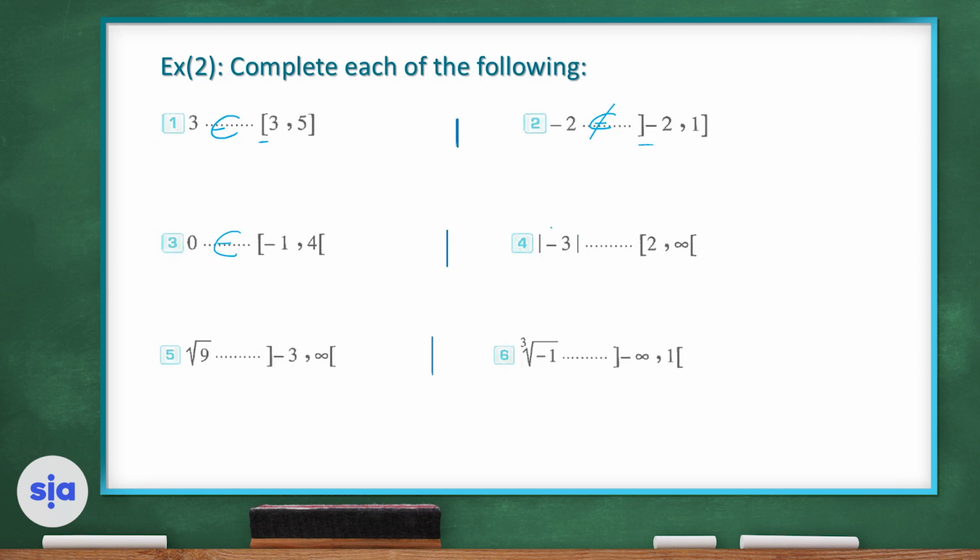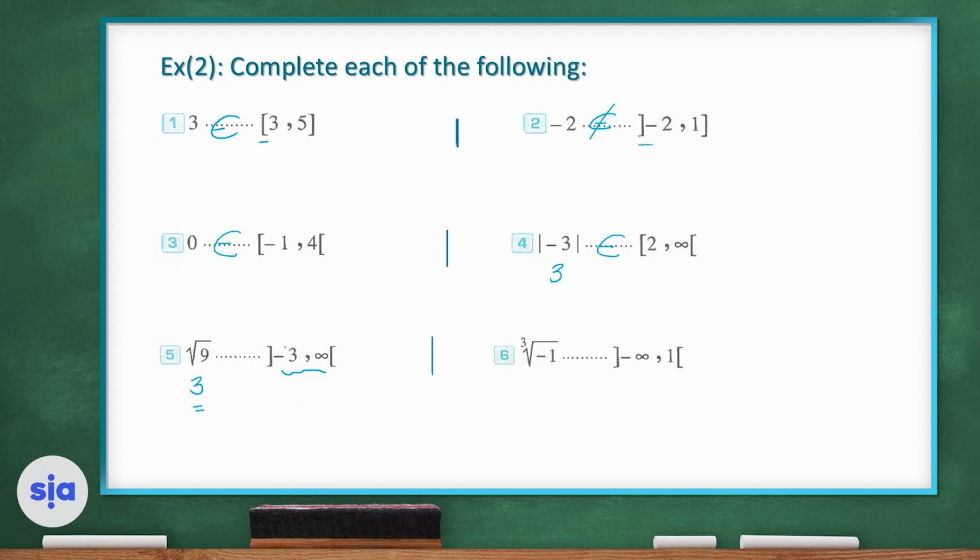The absolute value of negative 3 is 3. Is the 3 from 2 closed until infinity? Yes, so it belongs to this interval. Square root of 9 is 3. Does the 3 belong to this interval?